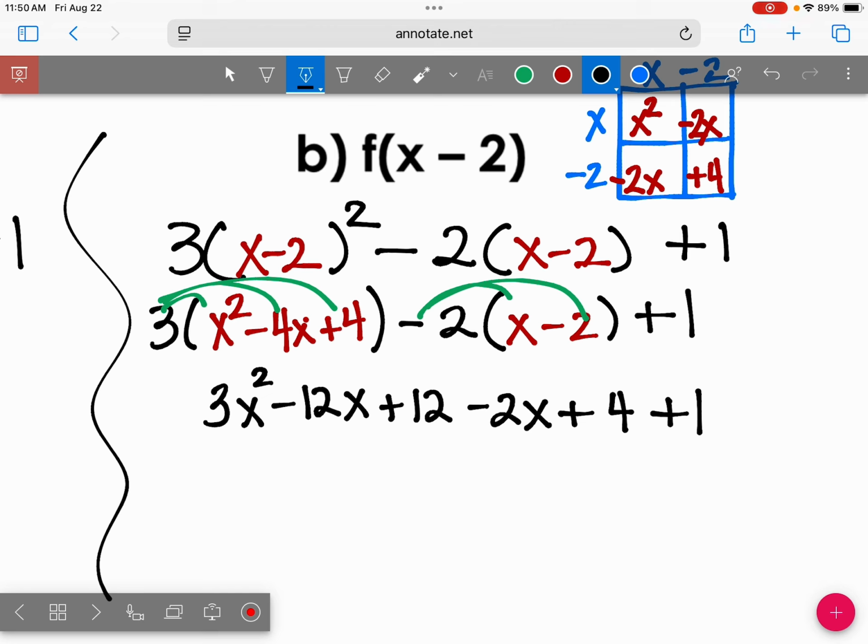Yes, we do. So there's only one 3x squared. I have this and I have this. Those are like terms. When we add them together, negative 12 plus negative 2 is negative 14x.